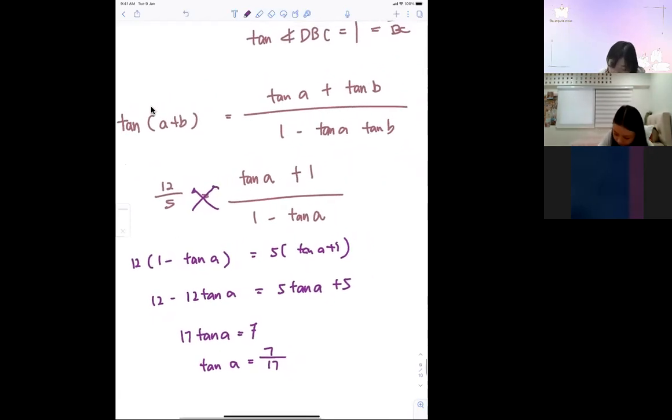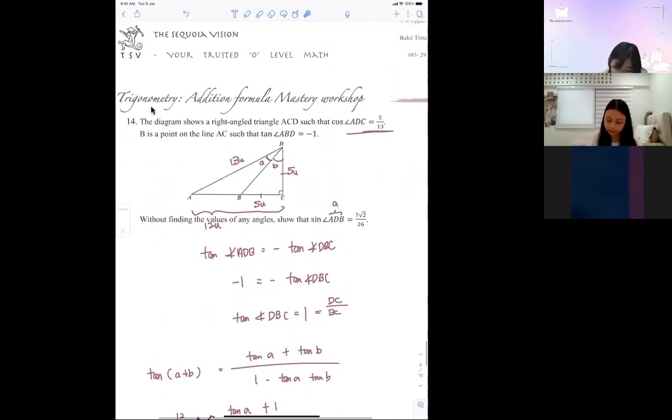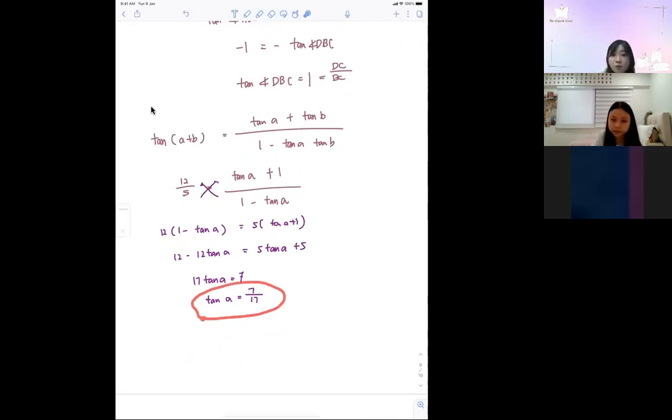Now you look at A, right? Angle A is definitely an acute angle. It cannot be anything more than acute, right? So tangent is positive in the first and third quadrant, but A is acute. So A is in the first quadrant.